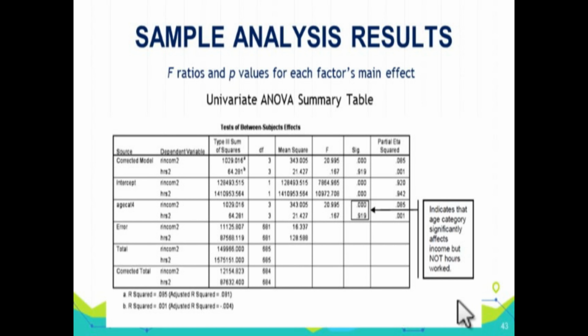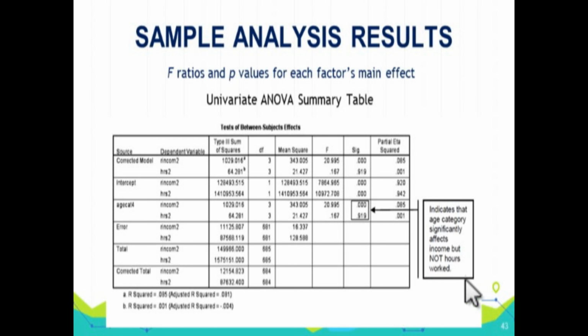In our previous slide, it was mentioned that age category significantly differs on the combined DV. So in this case, for the F ratios and p-values for each factor's main effect, or the univariate ANOVA summary table, we're going to look at which of these two dependent variables is greatly affected by age category. As we can see here, the p-value of income is 0.00, and the p-value for hours worked is 0.919.